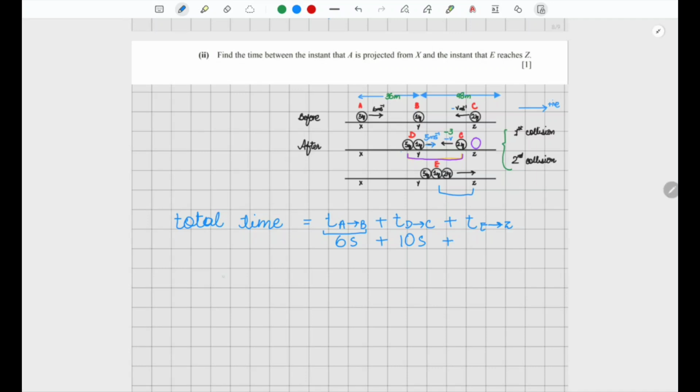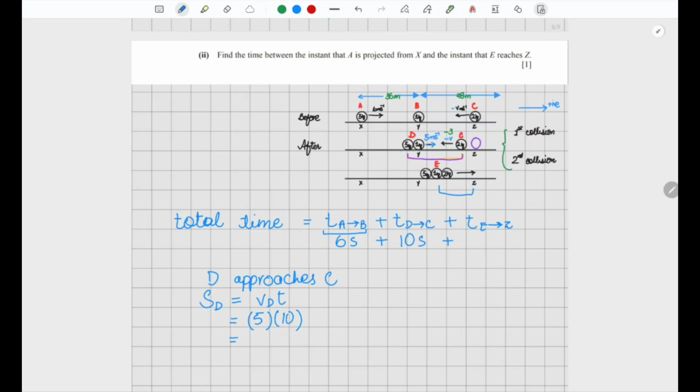First let's find out what distance D has covered in 10 seconds when it approached C. It would be equal to VD times T. So the velocity of D is 5 and the time it took is 10 seconds.